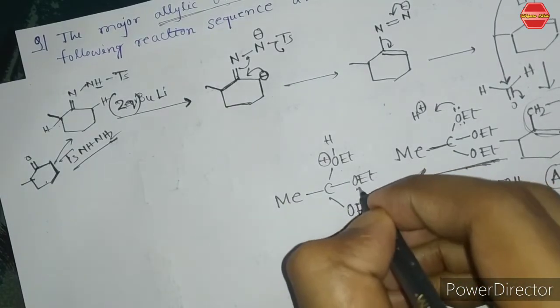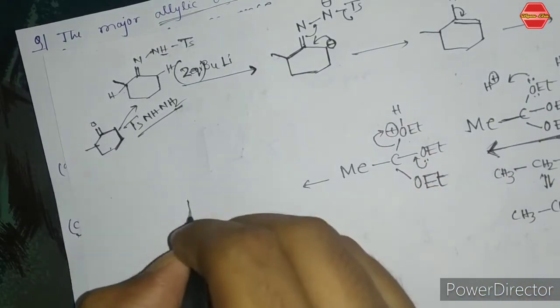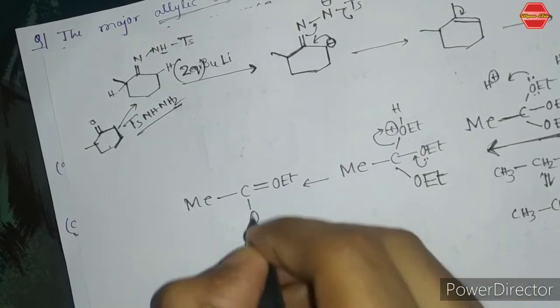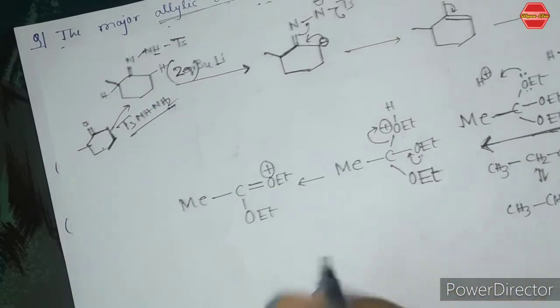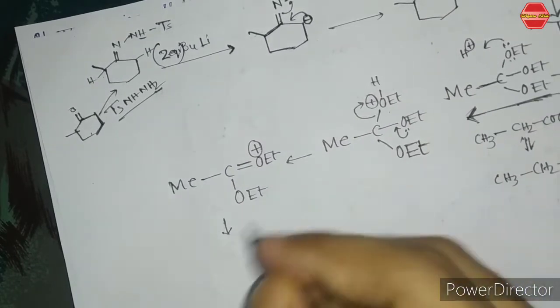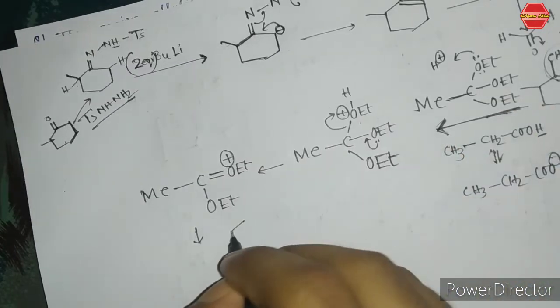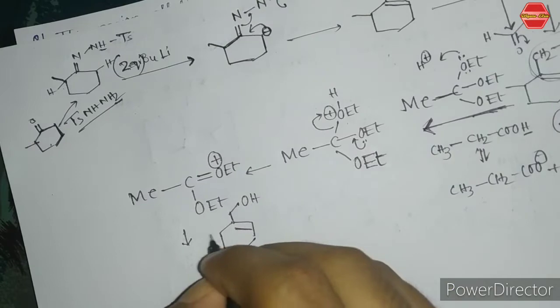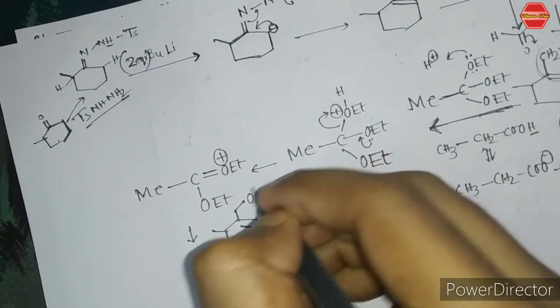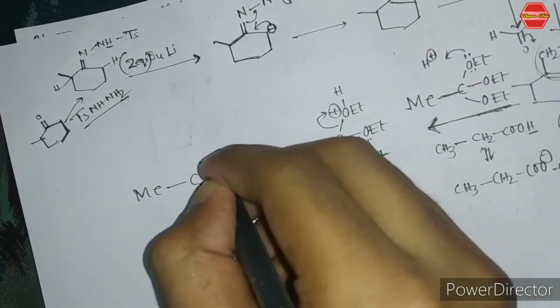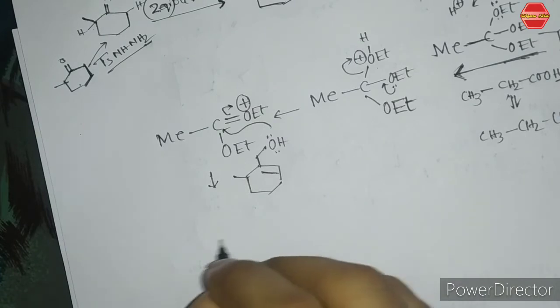Now this oxygen also has a lone pair, it can push here and leave from the system, and after that there is a formation of this, so OEt and OEt. Now you have already got the structure A like this, and this lone pair of oxygen can attack on the carbon, and the charge goes back to the oxygen atom.